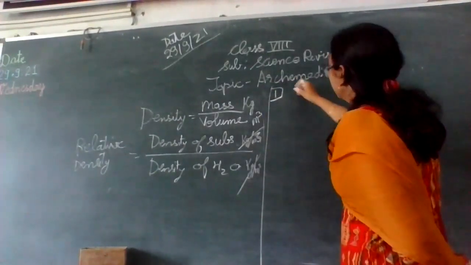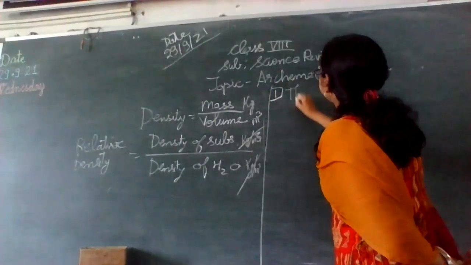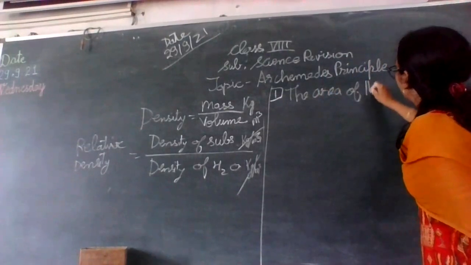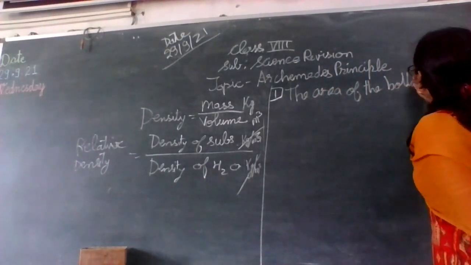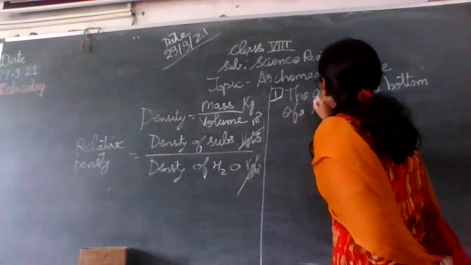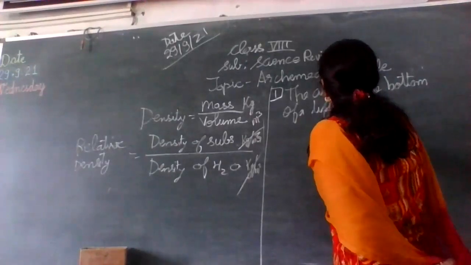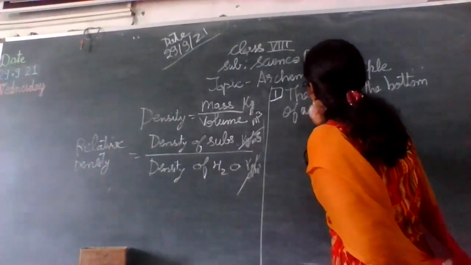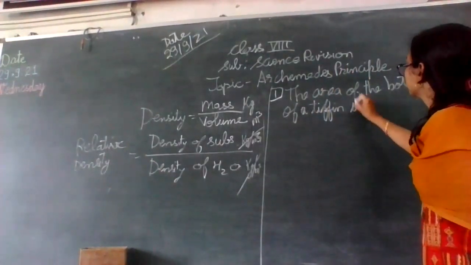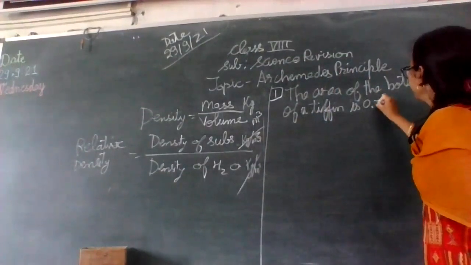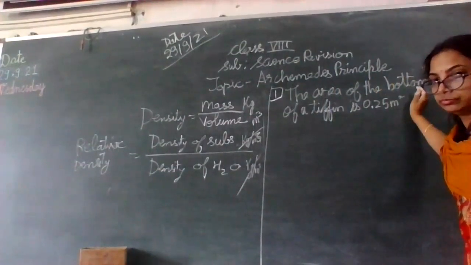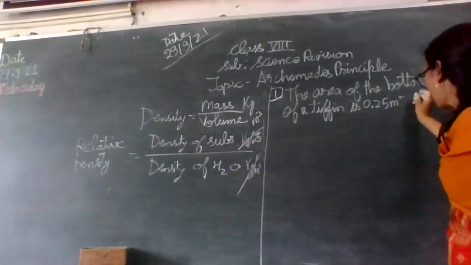First example, you see, the area of the bottom of a tiffin box is 0.25 meter square. We are writing areas in meter square.